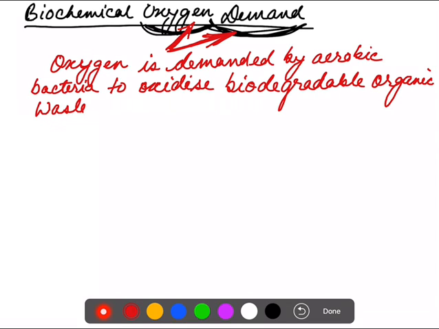So that is how the word oxygen demand comes.